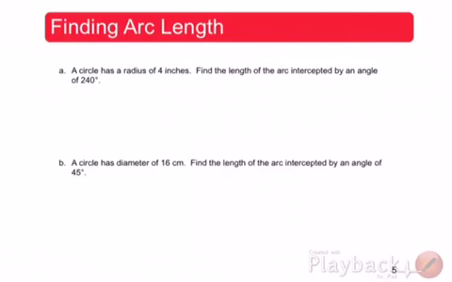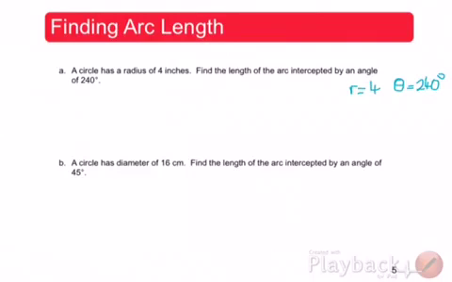So a circle has a radius of 4 inches. Again, write down your key pieces of information. So my radius is 4. And the angle is given to me in degrees, so I'm going to need to change that into radians. The angle is 240 degrees.